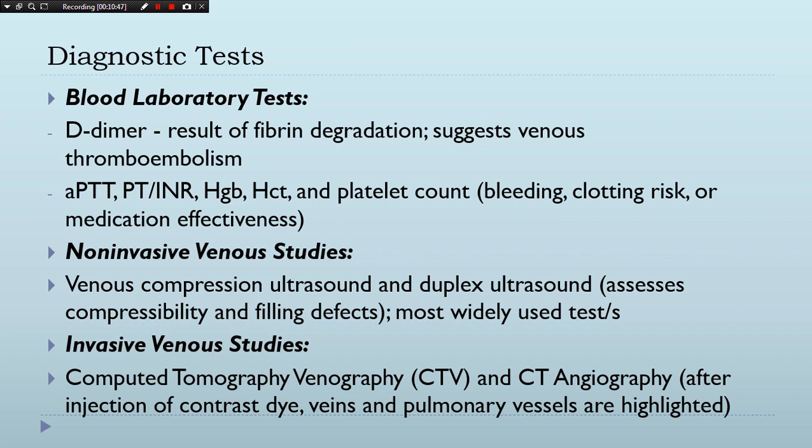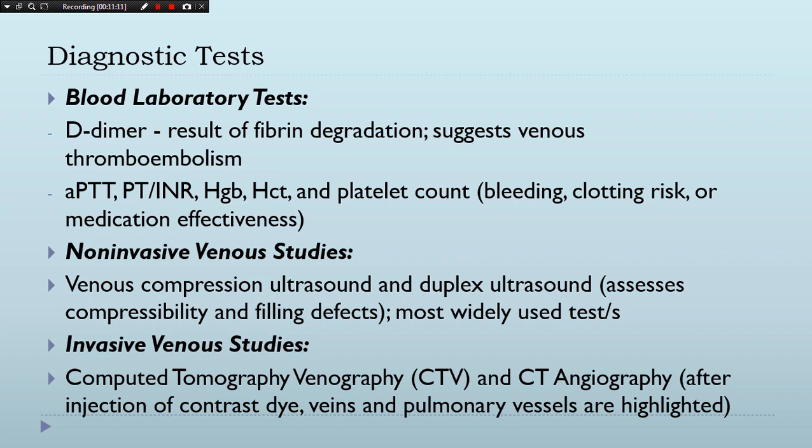Veins should typically be easily compressed, and in one of these ultrasounds, the technician will take the wand and compress it on the vein, and if the vein is difficult to compress, most often the diagnosis of DVT can be made, in addition to evaluating blood flow and some filling defects in the venous system.